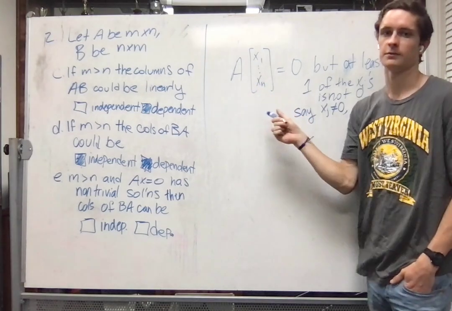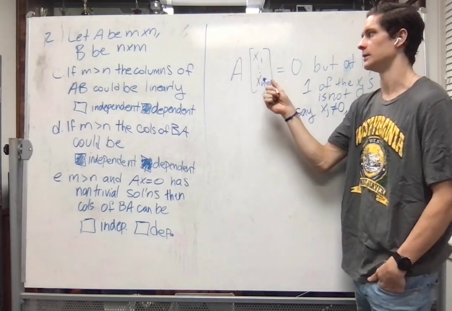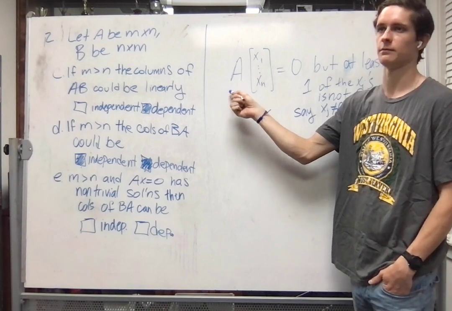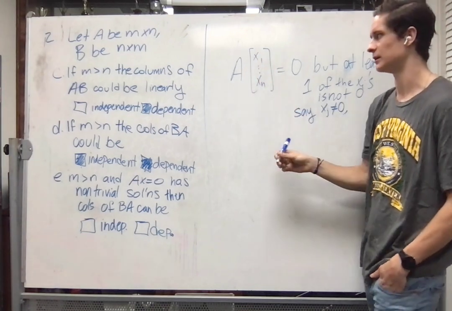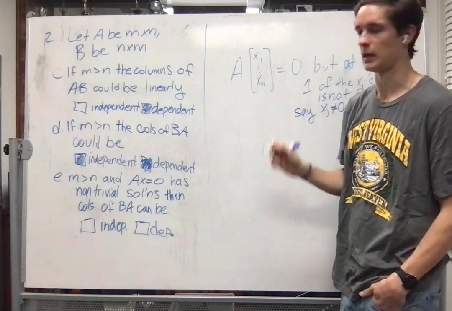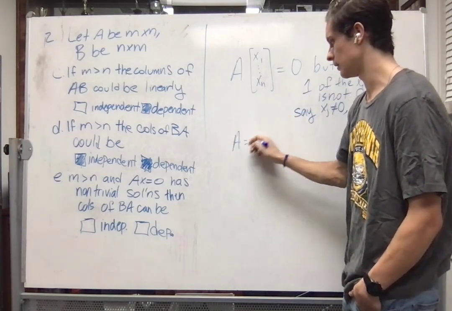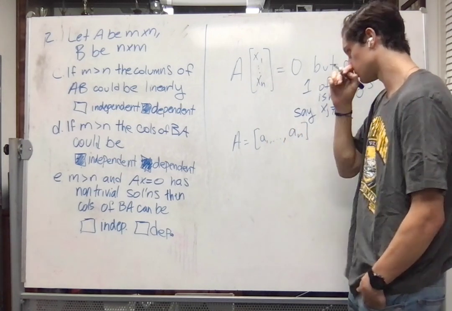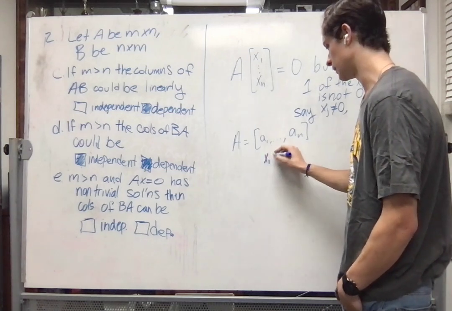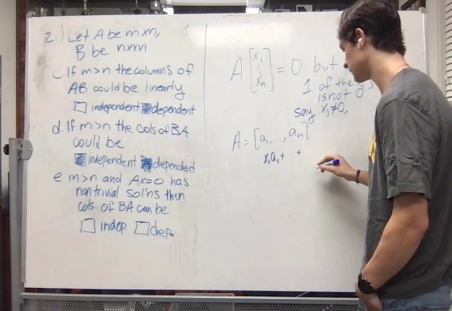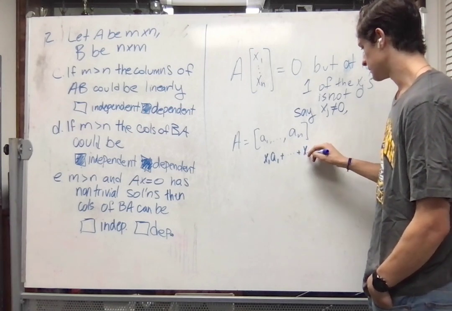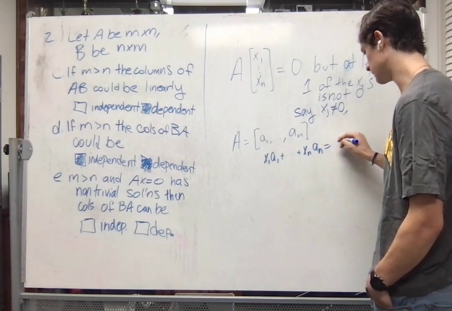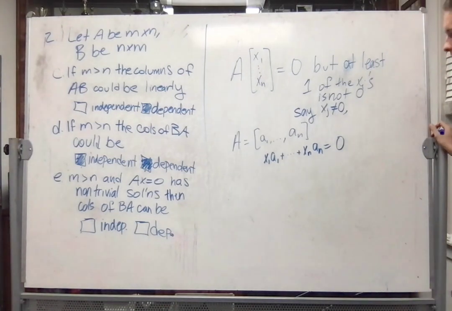Matrix times vector, as we've talked about before, means a linear combination of the columns of the matrix weighted by the entries in the vector. So if A has columns A1 through AN, that means that x1 A1 plus ... plus xn An equals 0. And also realize that one of these xj's wasn't 0.